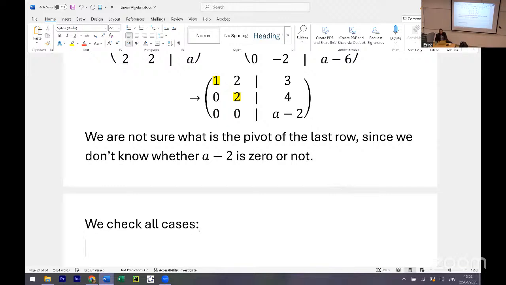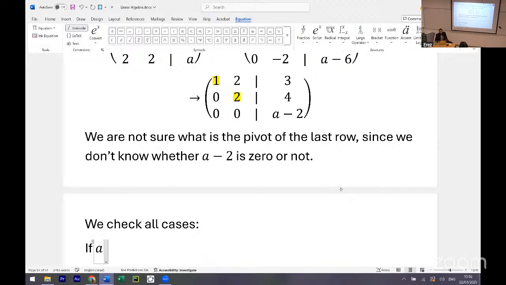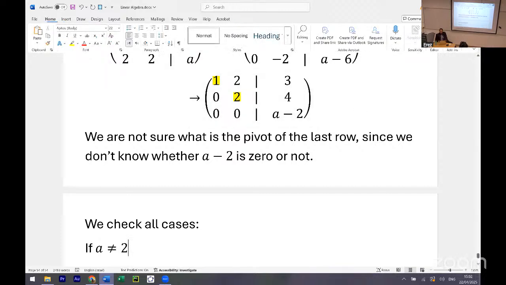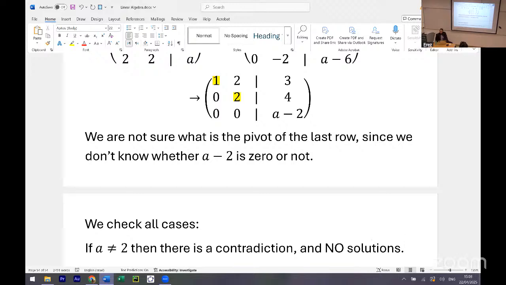Maybe it's easier to start with if A is not 2, there is a contradiction and no solutions. So for every A other than 2, there are no solutions.